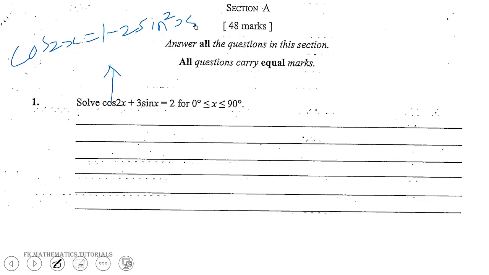If that is the case, then the equation becomes 1 minus 2 sin²x plus 3 sin x is equal to 2.